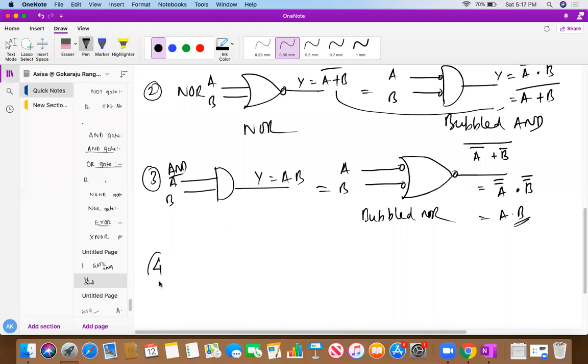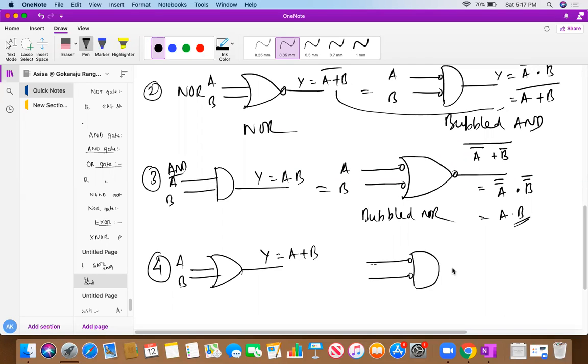The fourth and last one, the OR gate, A OR B. Similarly, you can guess it will be a bubbled NAND. With inputs A, B, here it is A bar and B bar whole bar.